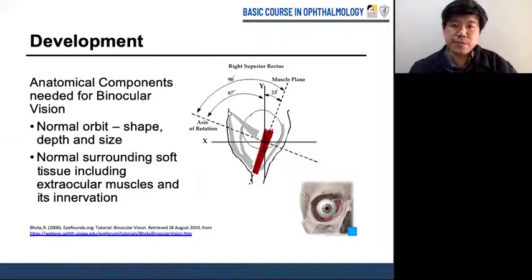It has to be of normal depth and size, and similarly, the eyes and the other periocular structures have to develop accordingly. So there are adjacent ligaments, muscles, and connective tissues involved that suspend the eyeball in the orbit, which keep it securely in place while making it very mobile.